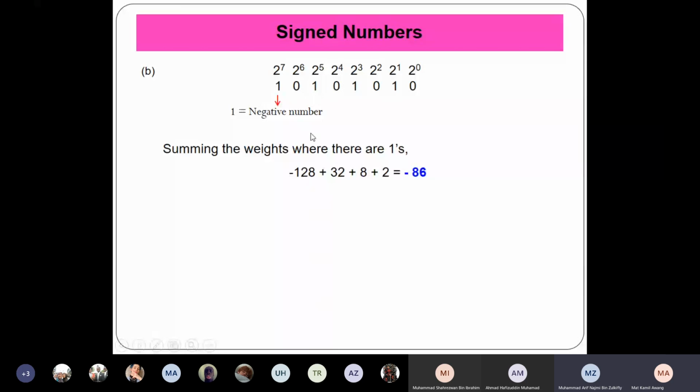So this is 2, this is 8, this is 32, this is 128. So minus 128 plus 32 plus 8 plus 2 equal to minus 86. Okay, that's the signed numbers.